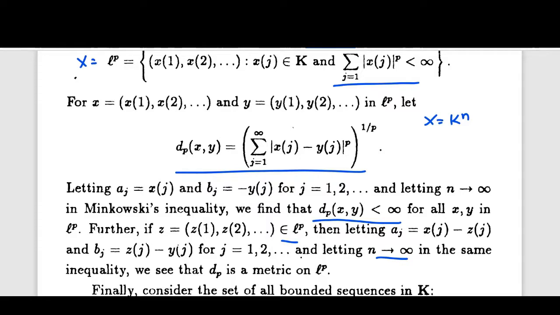By using this Minkowski inequality, we can show that d_p(x, y) ≤ d_p(x, z) + d_p(z, y). So please verify that this d_p(x, y) satisfies all the conditions of a metric. Thus we can conclude that d_p is a metric on l^p.